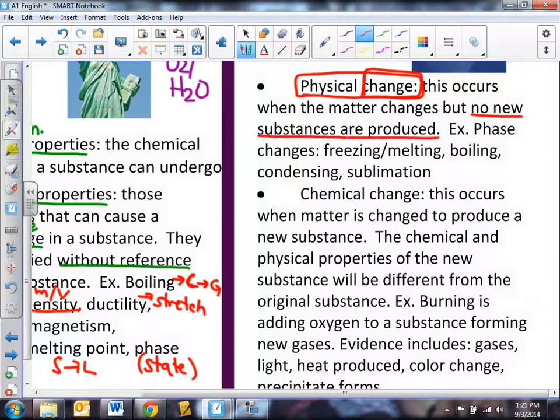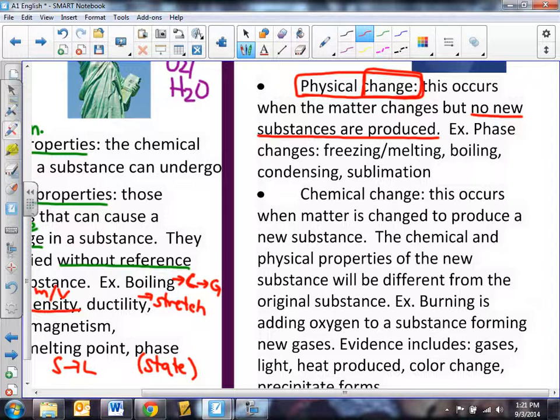And that's really the key. The matter is different than it was before, but I don't have a new substance. I have the same substance that I started with.